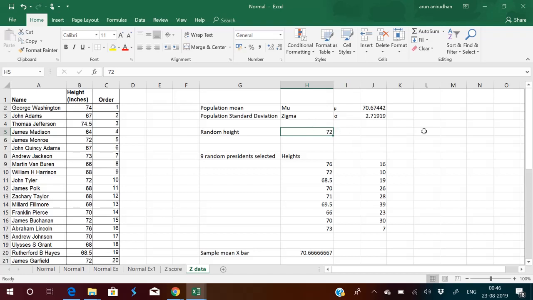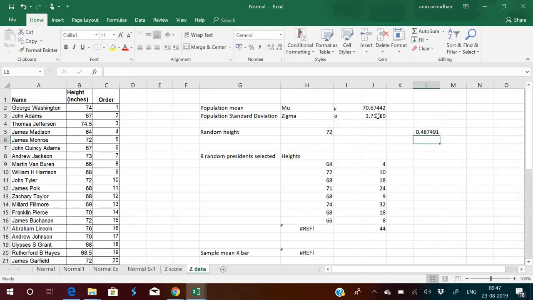You will substitute z equal to this value minus mu, we will put bracket here, divided by standard deviation.